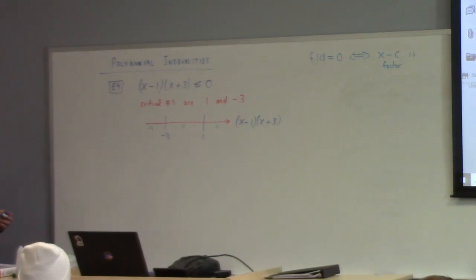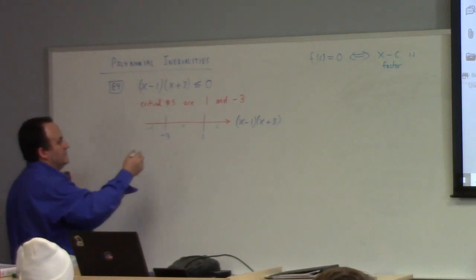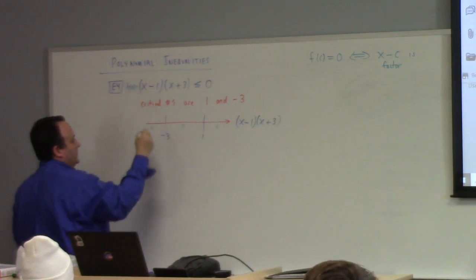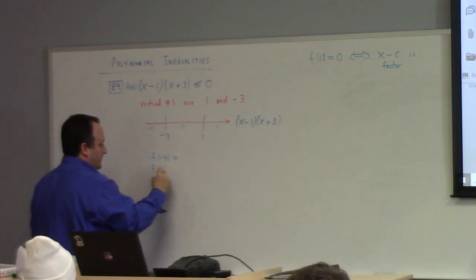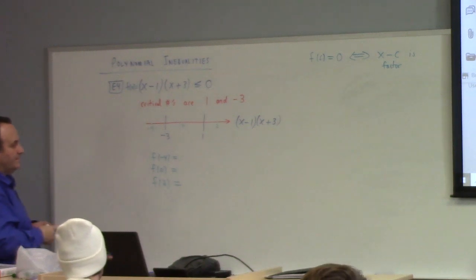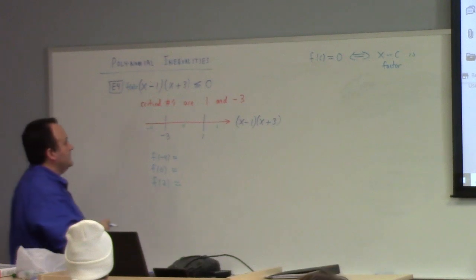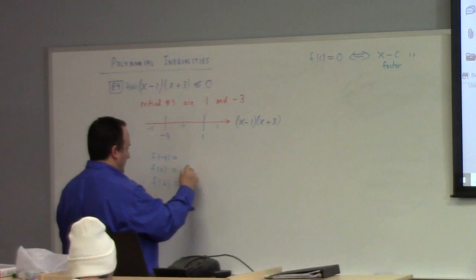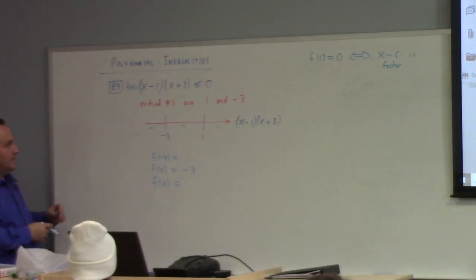Now, I'm saying we can plug in -4, 0, and 2, right? So what happens? Let's call this thing f of x to give it a name. So what's f of -4? What's that equal to? What's f of 0? What's that equal to? What's f of 2? What's that equal to? So I'll do it.